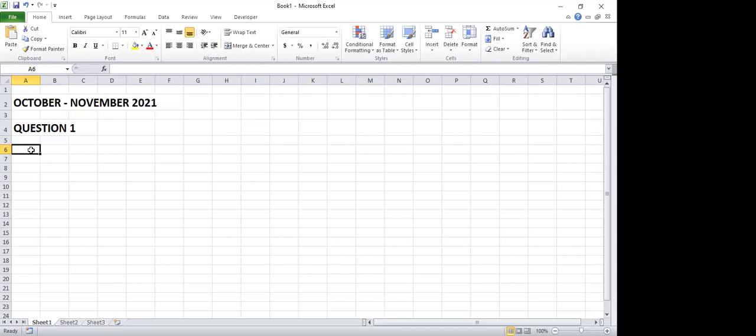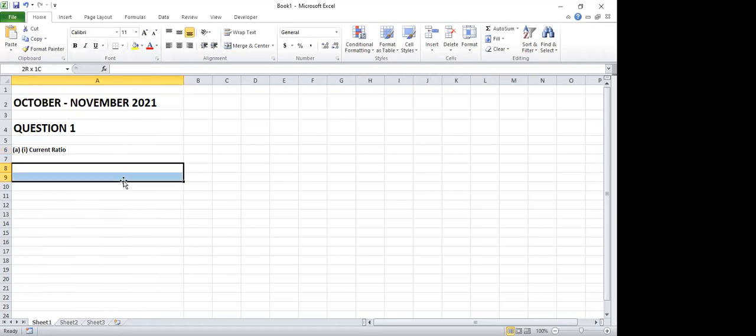Right, our current ratio. To calculate our current ratio, we say current assets over current liabilities.